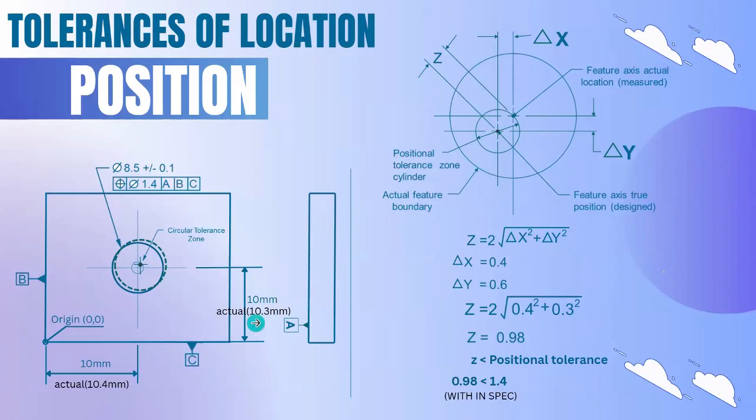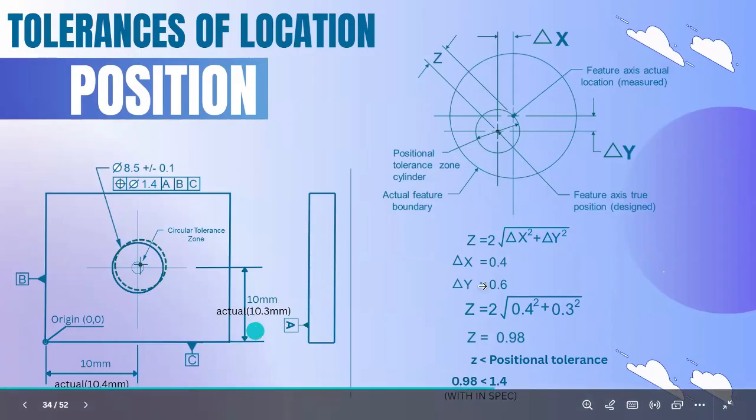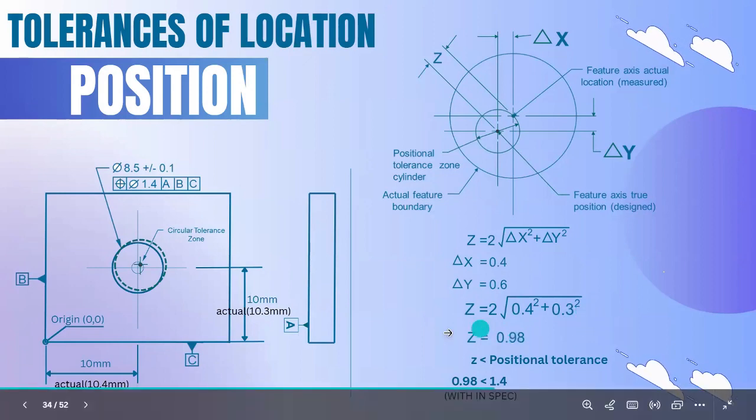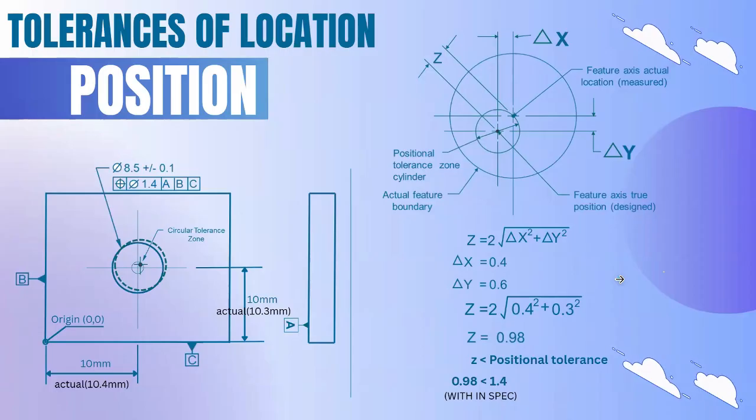Here we are going to substitute these deviations in the formula. So z is equal to 2 into square root of 0.4 squared plus 0.3 squared. If we calculate this, we get a value of 0.98. So it is below this 1.4 tolerance, so the position is within spec.